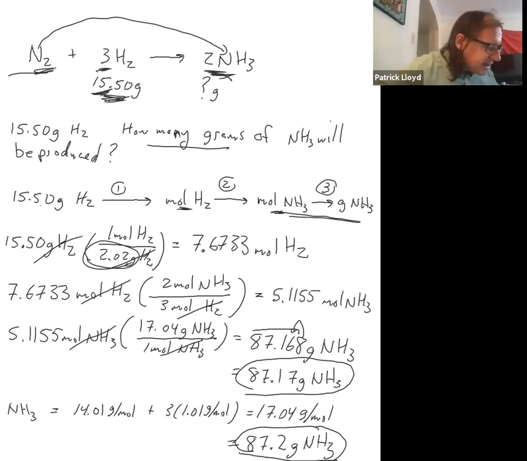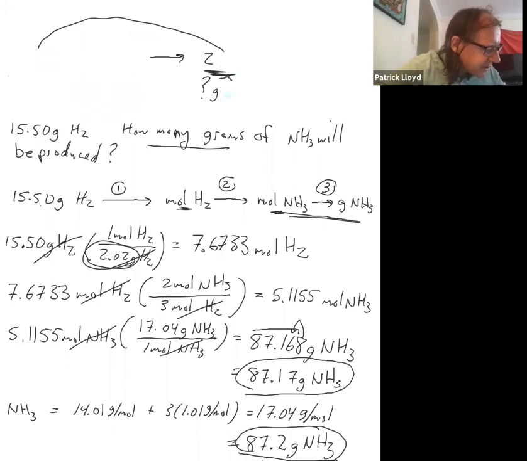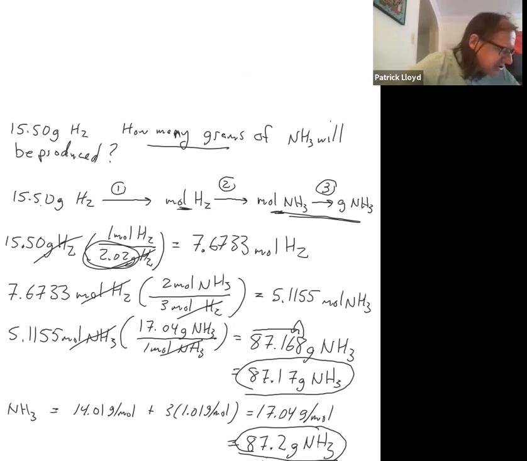Okay, this can also be shown as a chain. Those of you that have looked at these kinds of problems previously or a lot, or you're comfortable with it, I'm going to show you that real quick. It can be done as a chain. So what you do is you say, look, 15.50 grams of H2 times 1 mole of H2 over 2.02 grams of H2.